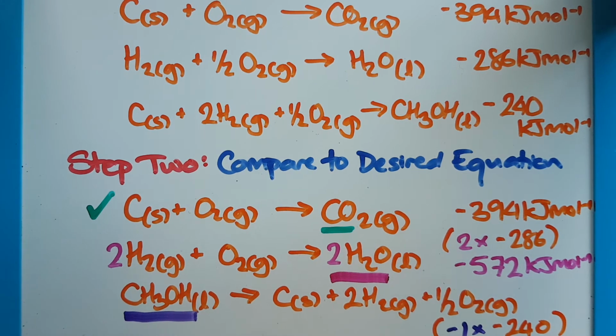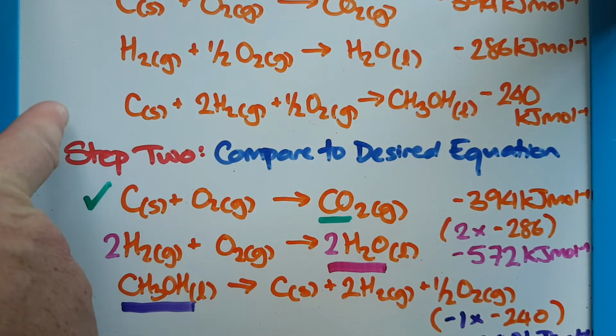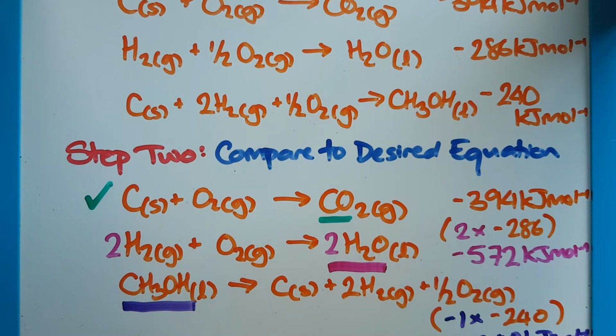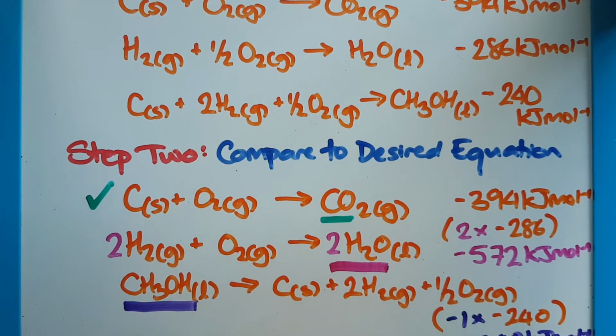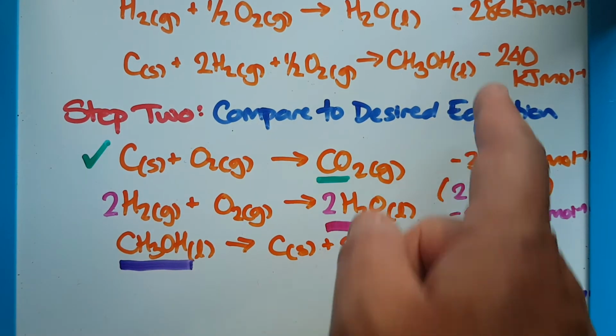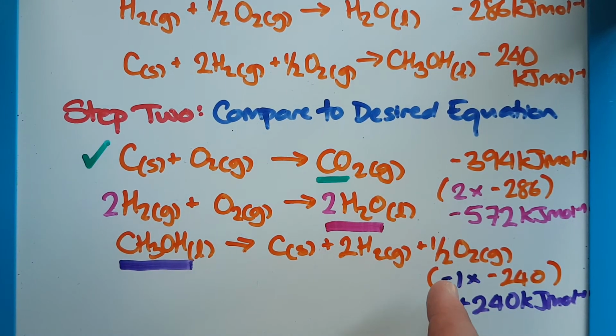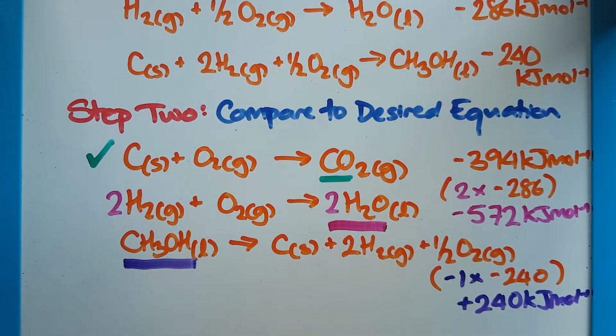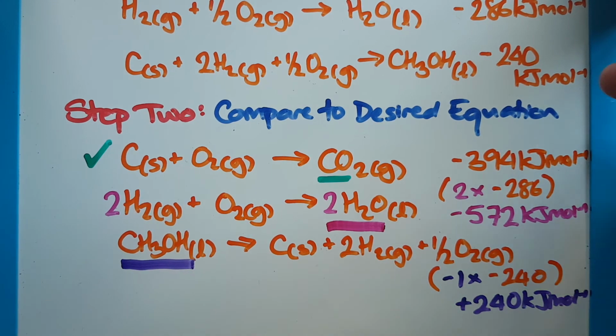So I've actually flipped that equation around, so it reads the other way. In doing so, I have gone from it being exothermic to being endothermic. So I've multiplied it by negative 1, basically. I've flipped it around.